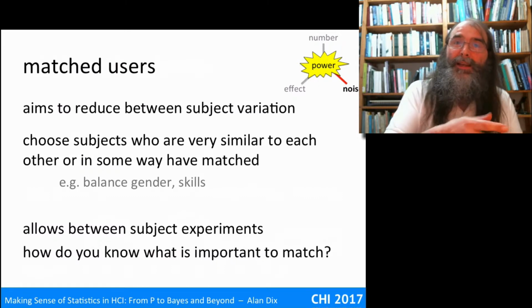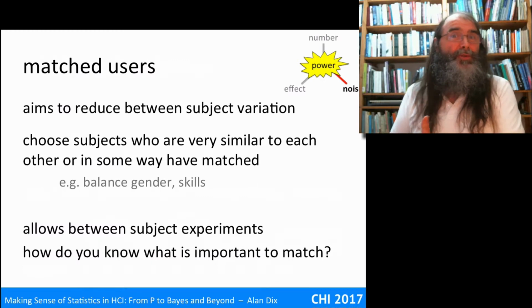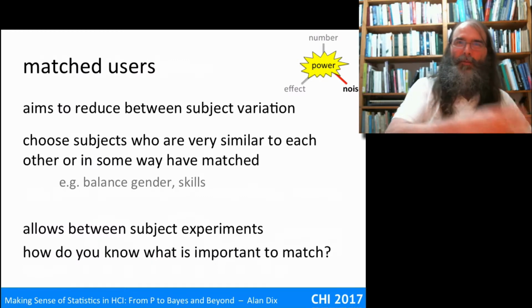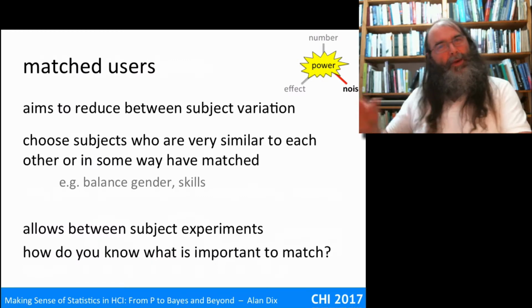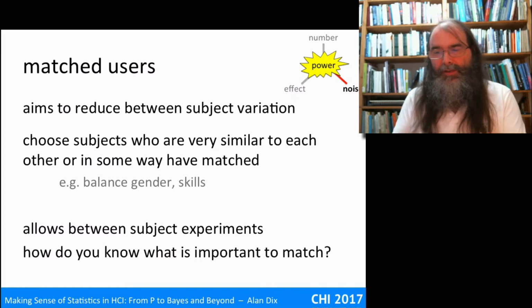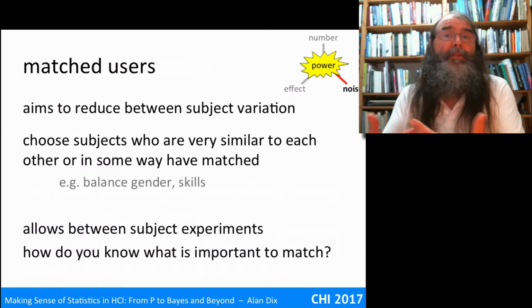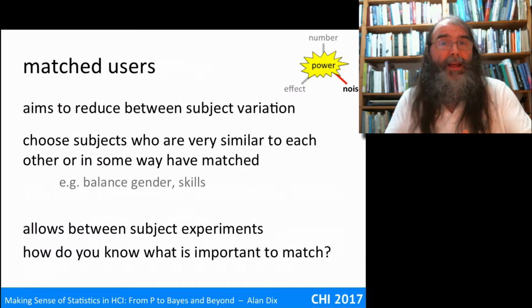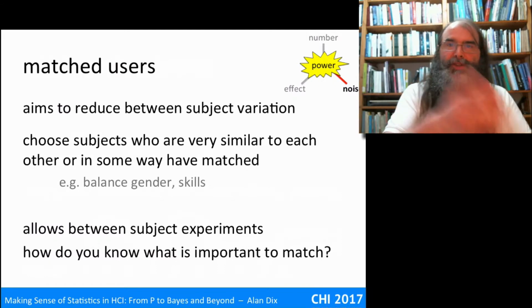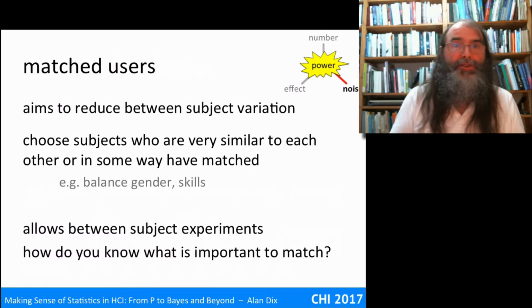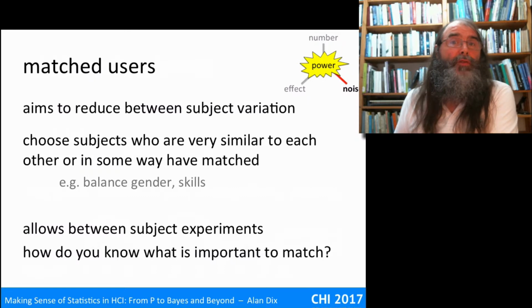You notice with the paired experiment, if you could clone people, you wouldn't have an order effect. You could clone the person, give one clone system A and one clone system B, and in a way that's trying to do this. The problem with this is it's obviously not always possible to know all the effects that are important. You can balance the effects you think of. You might balance on gender, on skill, on age, but of course there may be other things that you've not thought of.